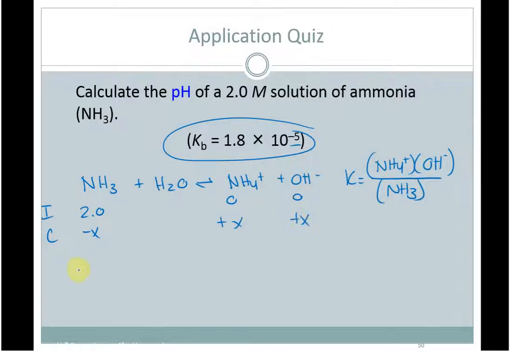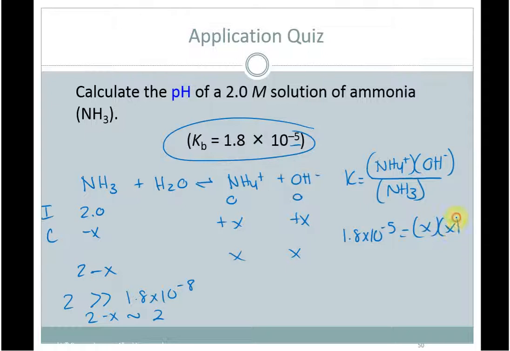So it's going to be 2 minus x, and x. 2 is definitely larger than 1.8 times 10 to the minus 5. So 2 minus x is basically 2. So we can plug this in. So we have 1.8 times 10 to the minus 5 is equal to x times x over 2.